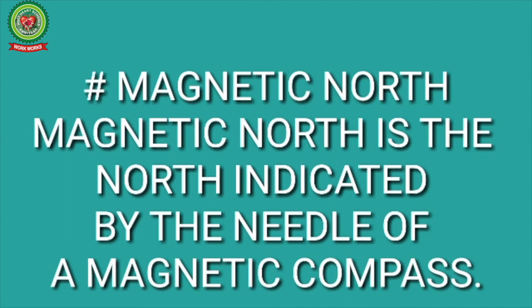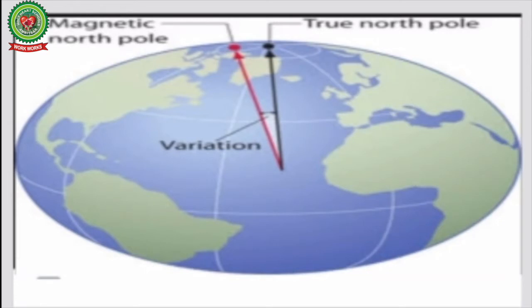Now let us understand it through a diagram. Children, in this diagram of a globe, you can see a black line which is drawn from the center of the earth. It is indicating the true north. Another red line is drawn from the center of the earth, which is called the magnetic north.